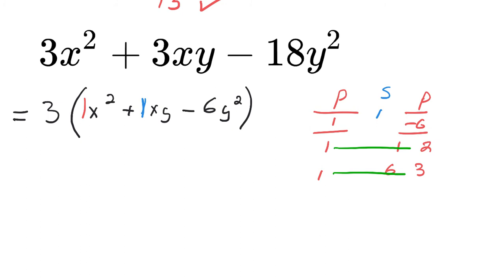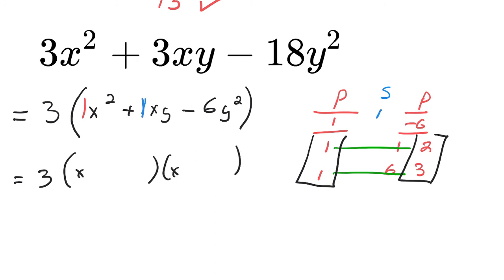I certainly can. So your brackets will have the pair of x and 2 and 3. So we're trying to make a positive 1 and a negative 18. This gives me 2.